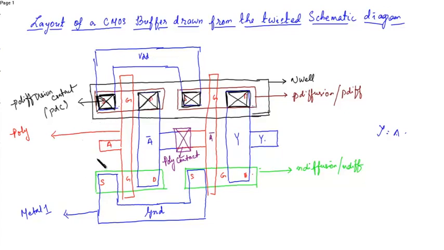Now after placing the P diffusion contact, next you have to place a contact in the N diffusion layer in order to make a contact between the N diffusion and the metal layer. So I have to place an N diffusion contact, or while writing commands you'll write NDC.